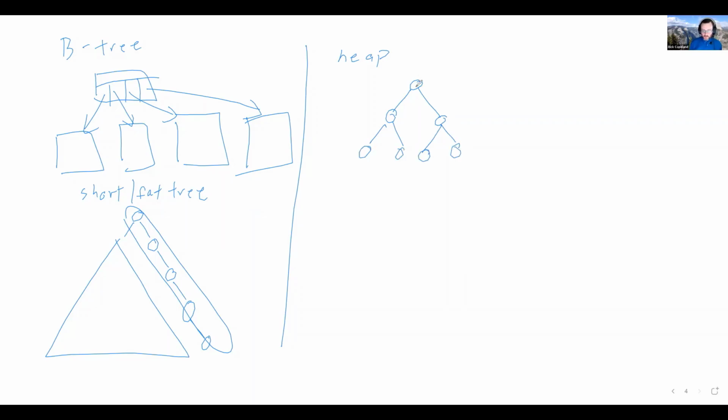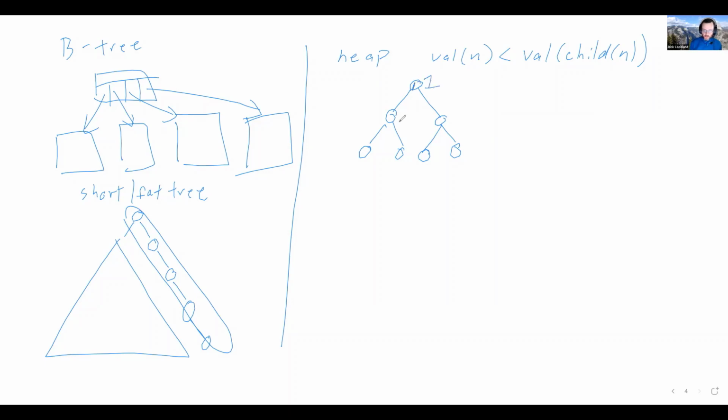And the guarantee of the heap is that the value of some node is going to be less than the value of the children of that node.